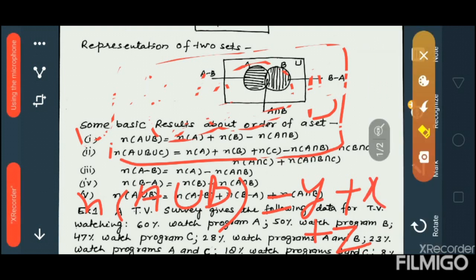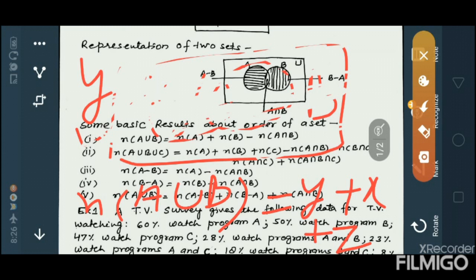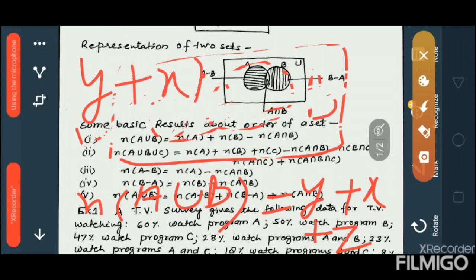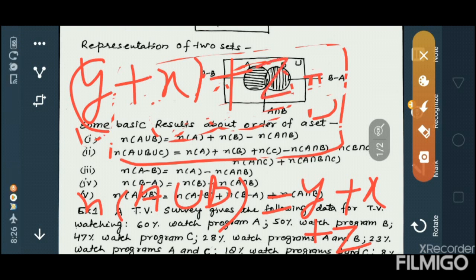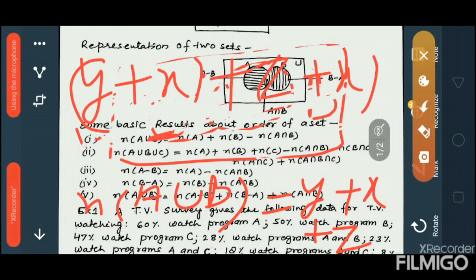Now students, we can also write the RHS as Y plus X plus Z plus X minus X. Now what is Y plus X?